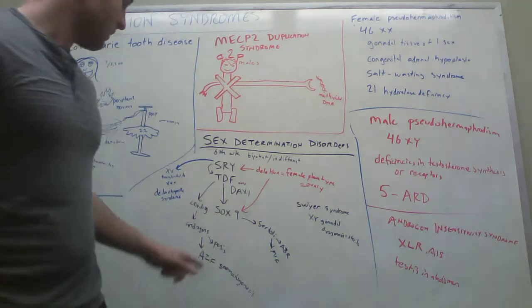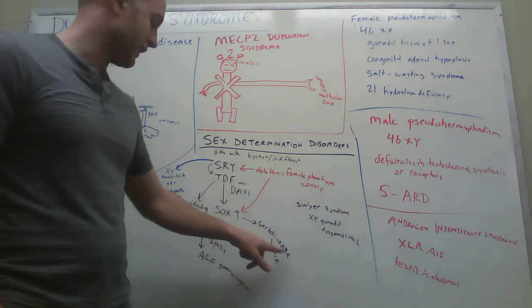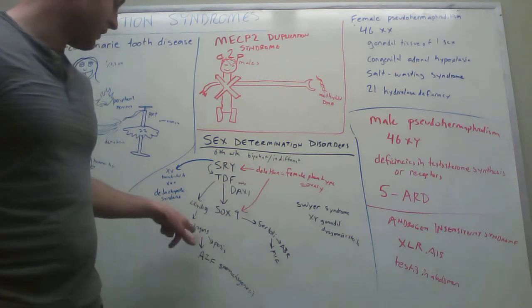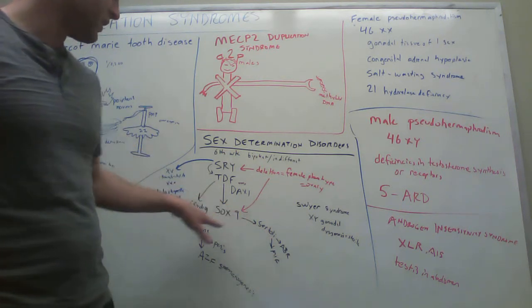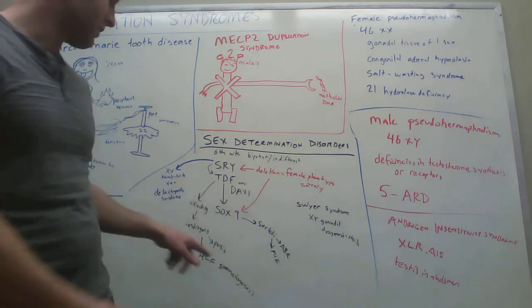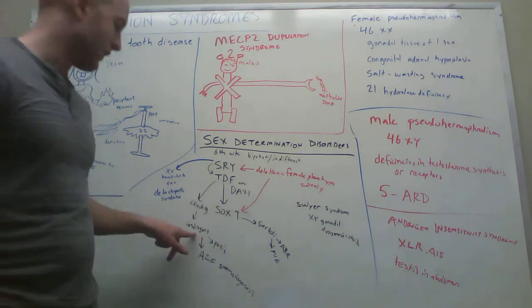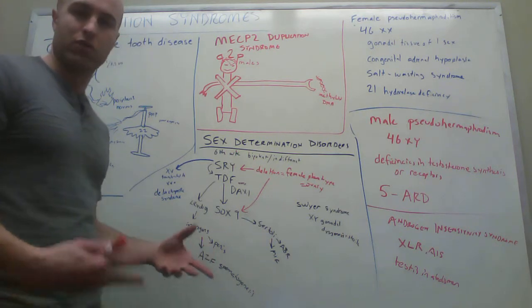So remember over here, the SOX9, the Sertoli, stimulates the Leydig and all that. Anyway, so these steps down here is what kind of stimulates the person. I think it's actually this one that stimulates the testosterone, and the testosterone is what stimulates the growth of the penis.